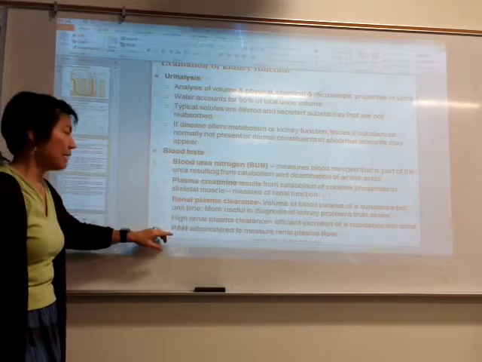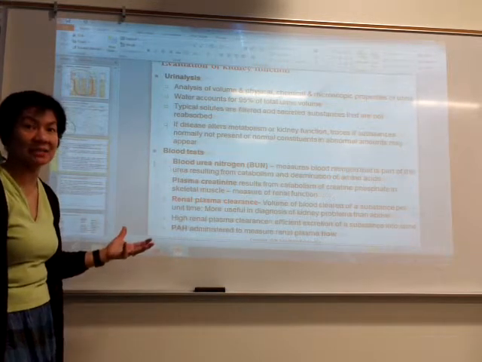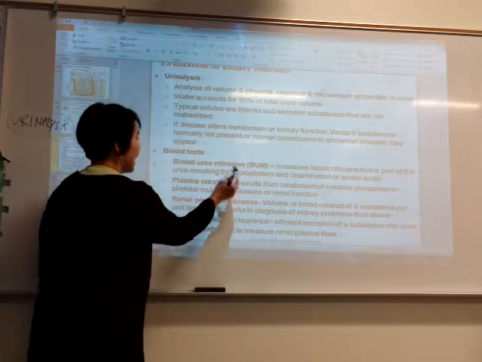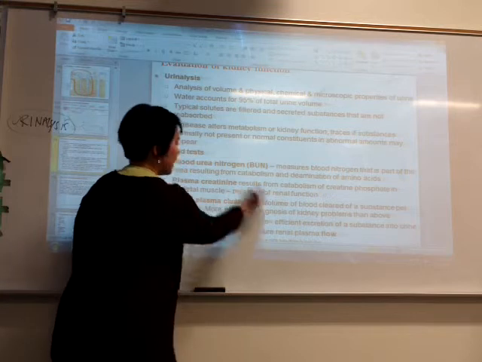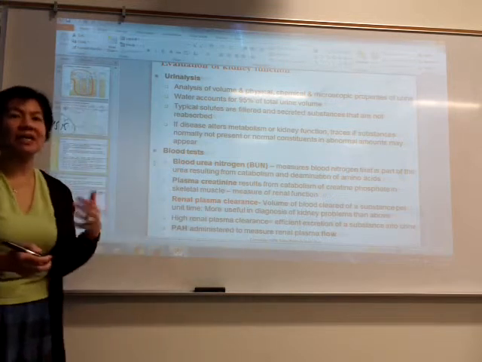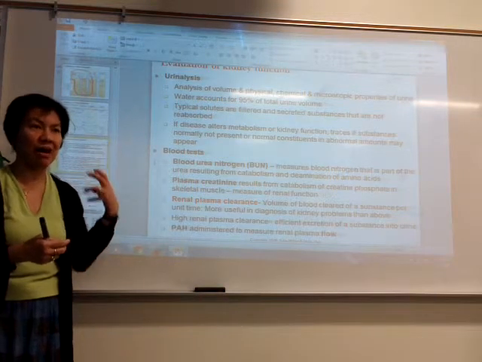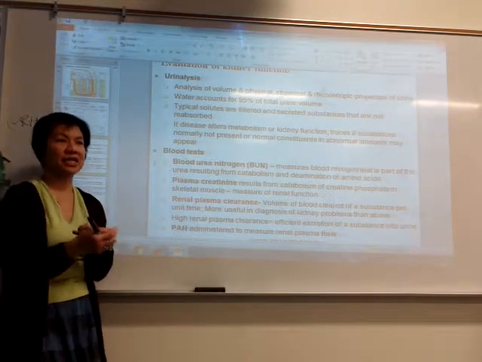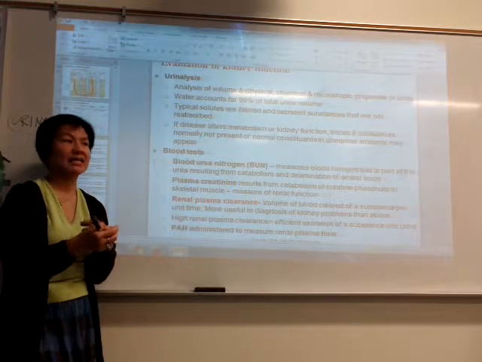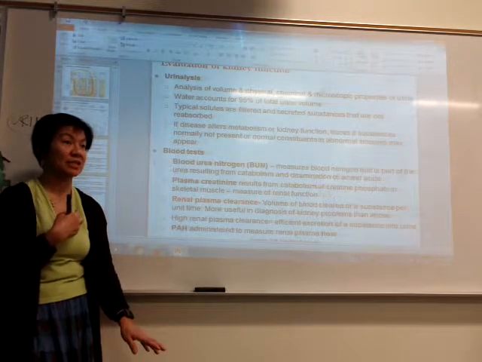There's other tests, like your inulin clearance or creatinine clearance. Have you heard of creatinine clearance? Clearance means how effective your kidney is in clearing a certain substance out of the body. So they inject you with a certain amount of creatinine, and then they measure how much of it was released by your kidneys.